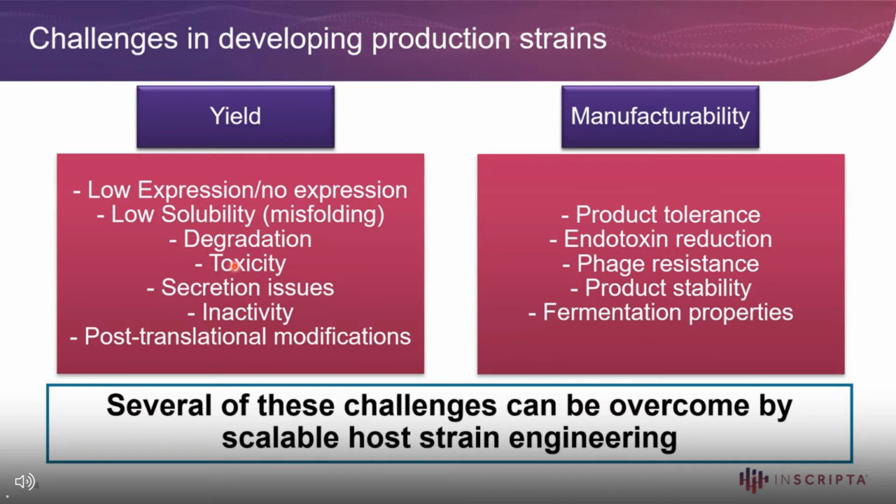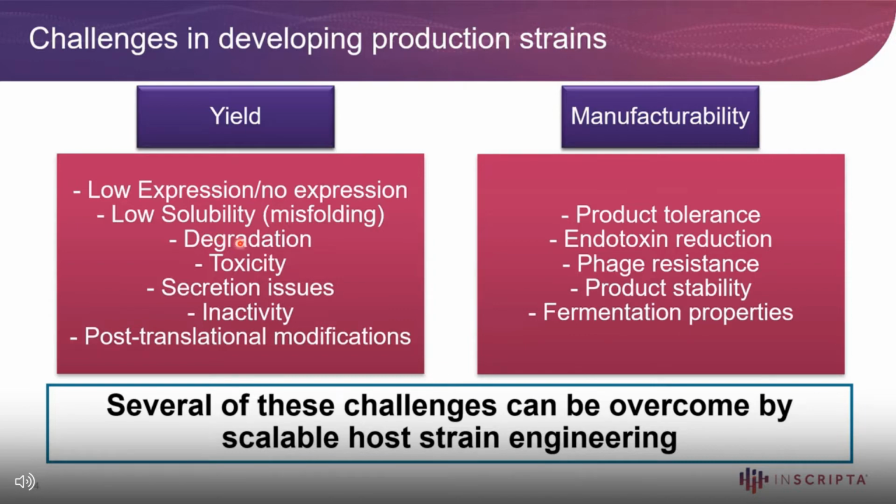On the yield side, you can have issues such as low expression or no expression of your target protein or small molecule. Low solubility of the protein, often due to incorrect folding or misfolding. You could have degradation by host proteases that are expressed by the production strain.